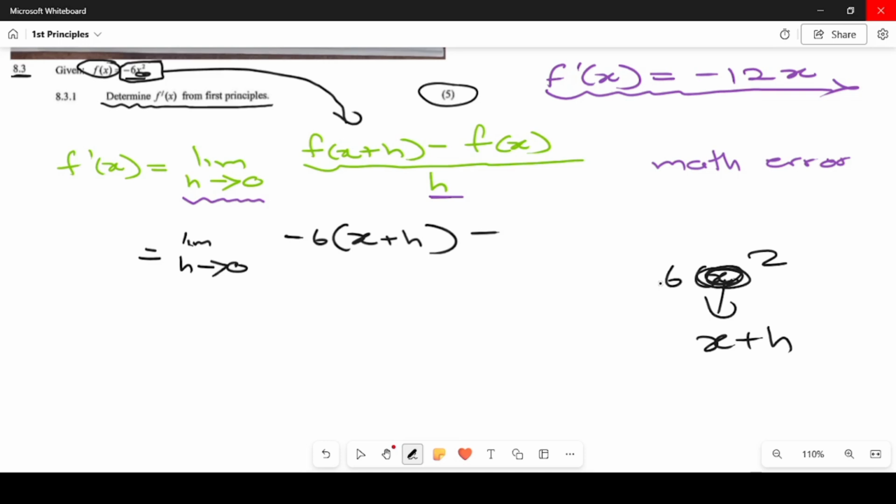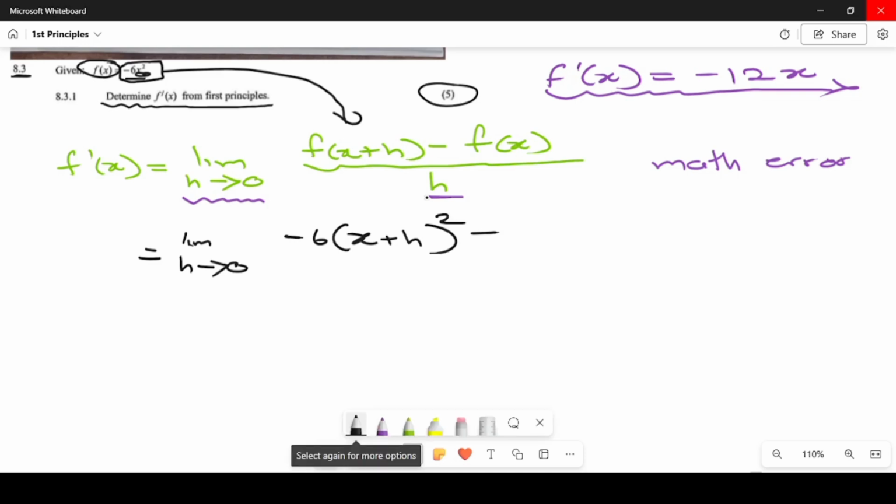So here we square this. Let me just erase this. So what I'm saying now is we square the bracket, and now we have minus 6x. Let me just erase this as well. Okay, cool.